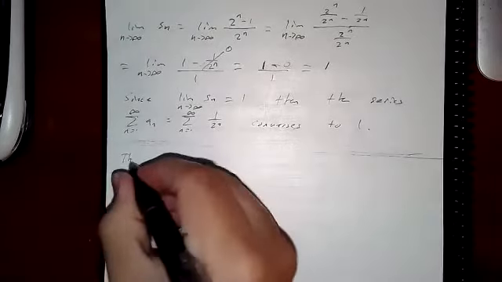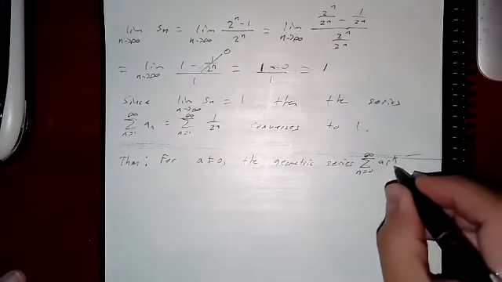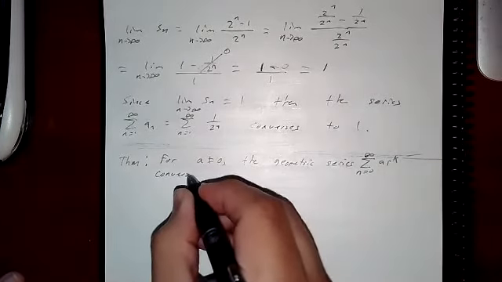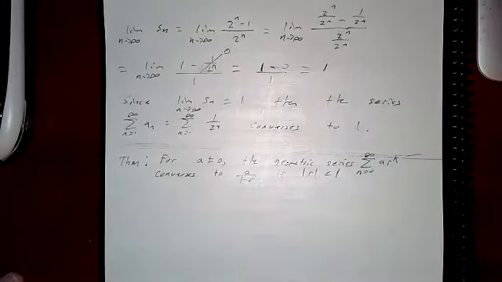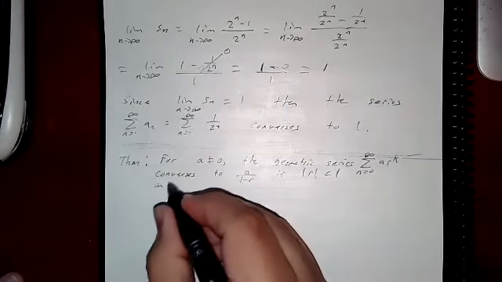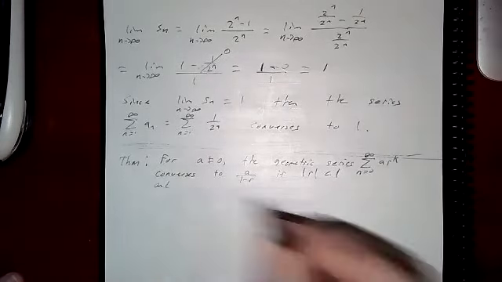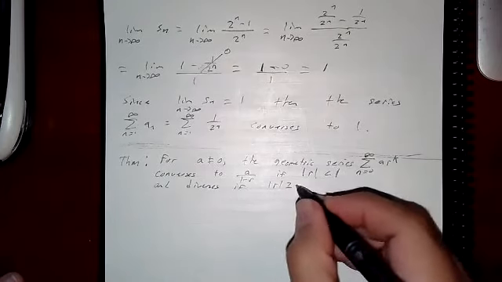This is the theorem. For a not equal to 0, the geometric series from n equals 0 to infinity of a times r to the n converges to a over 1 minus r if the absolute value of r is less than 1, and diverges if the absolute value of r is greater than or equal to 1.